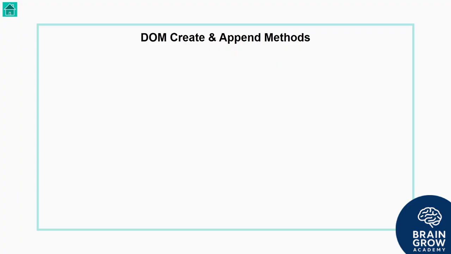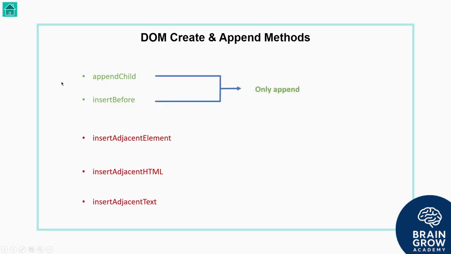Now in this lecture we'll see what the use of the create and append methods is, and how we can use them. In the previous lecture we saw two methods, appendChild and insertBefore, but here we'll explore the DOM create and append methods. Here we've created an element, and after that we're going to insert the text, but now we have these methods of create and append.